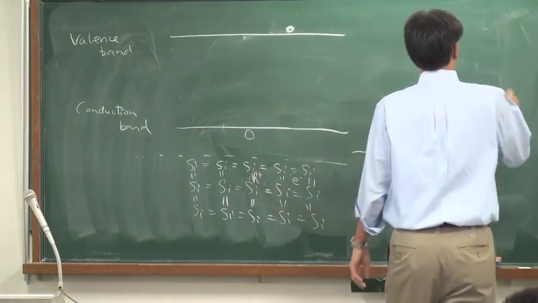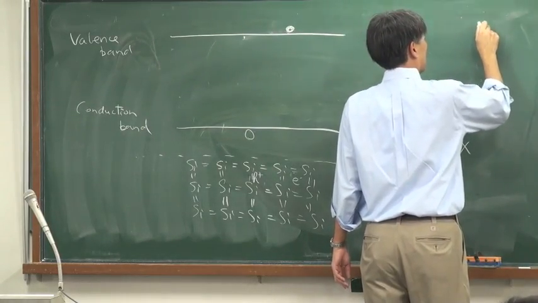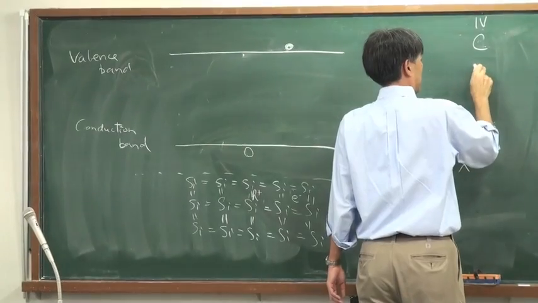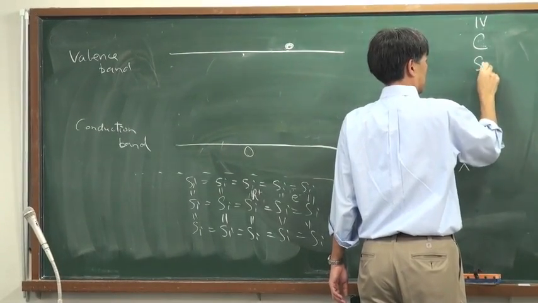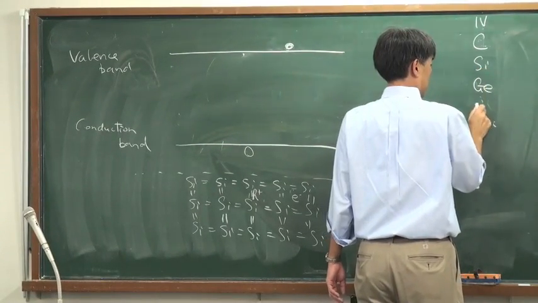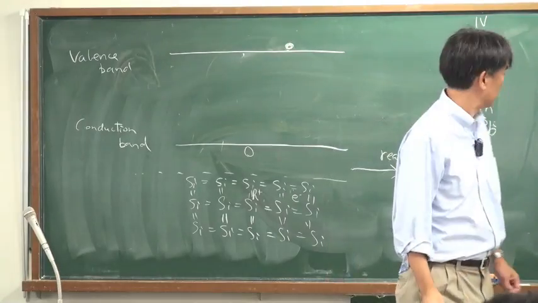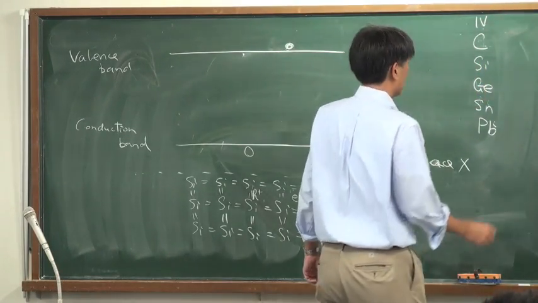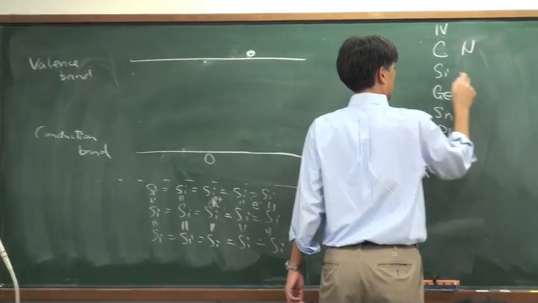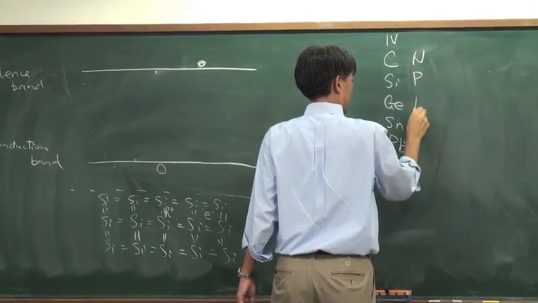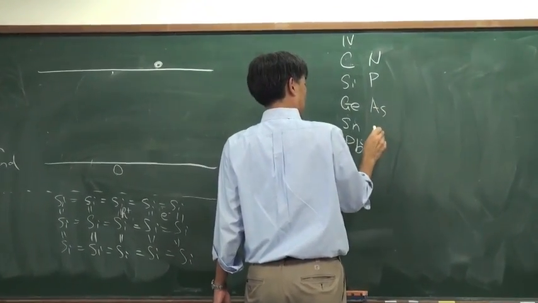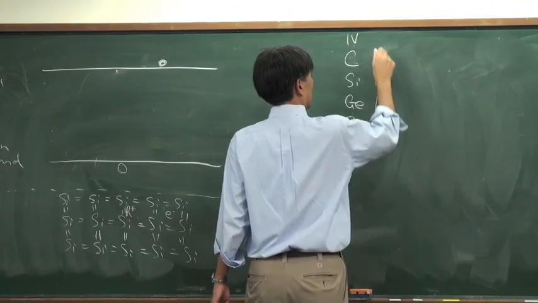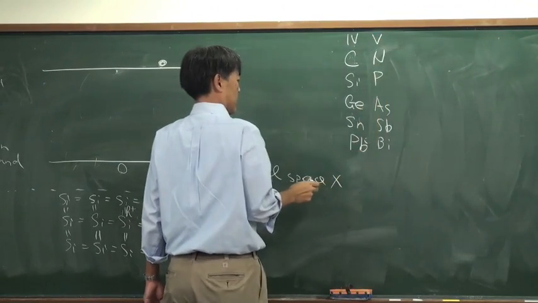Now, as you know, group 4 part of the periodic table looks like this. Germanium. And then we have nitrogen, phosphorus, arsenic, antimony, bismuth in group 5.